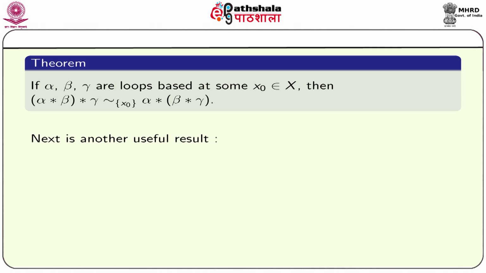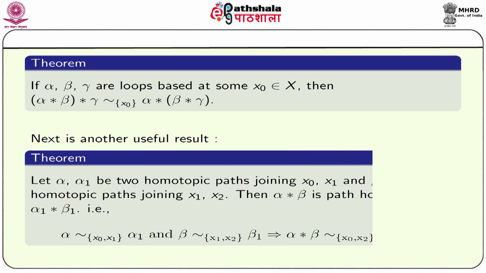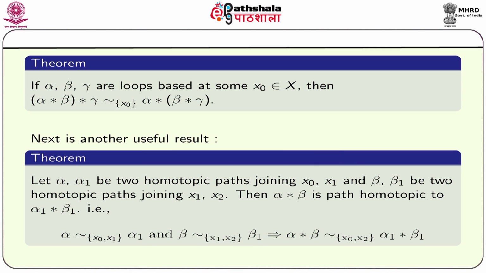Next is another useful result: suppose alpha and alpha 1 are two homotopic paths joining the points x0 with x1, and beta and beta 1 are two homotopic paths joining x1 with x2. Then alpha star beta is path homotopic to alpha 1 star beta 1.